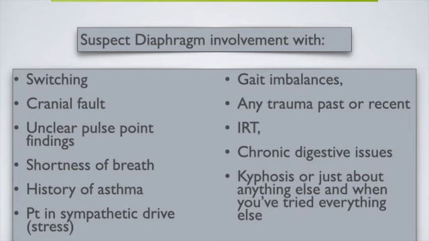And of course, digestive issues, which we'll talk a lot more about in a little while when we get into the esophageal discussions around the esophageal hiatus. And just anytime you see kyphosis, patients will be just kind of locked in their upper back. You're going to find diaphragm involvement there too.